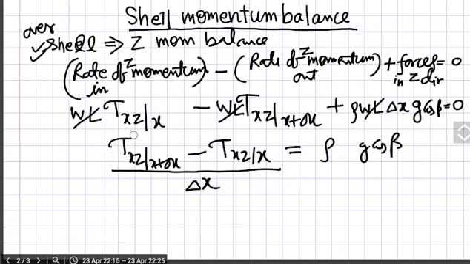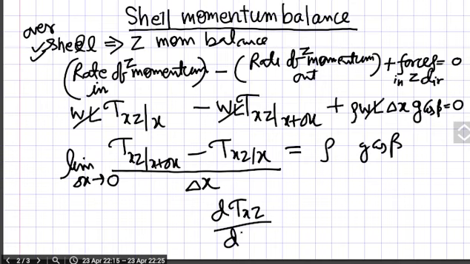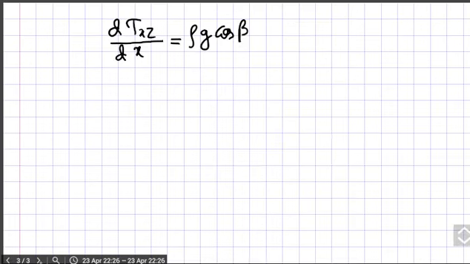The next step in this technique is that you take the limit of delta x tending to 0. So this way you will get the differential of tau xz. You already know this mathematical technique, equals rho g cos beta. So I've written the equation this way.